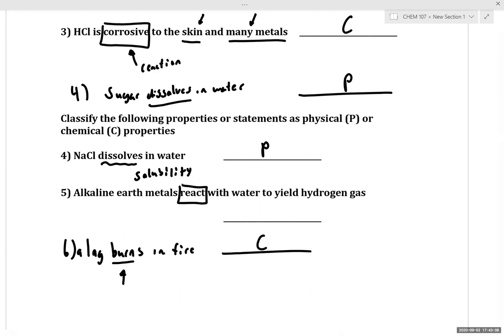Are we dealing with a physical or chemical property? Chemical, react, chemical reactions. And then the last one your classmates asked, if we see the statement a log burns in the fire. Okay, burns, combustion, reacts with oxygen, clear chemical change. Do these examples make sense?